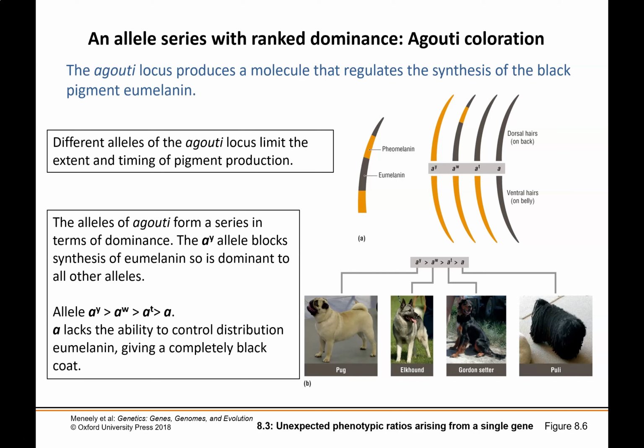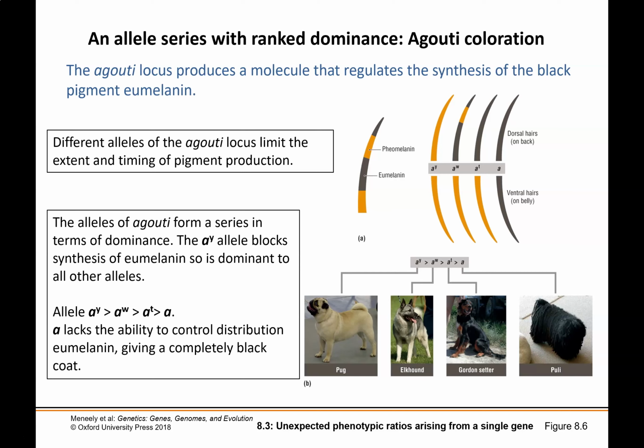The next one down produces a little bit more eumelanin, and it is distributed on the back only. So then on the belly, you get the yellow color. So we've got that in the Gordon setter there.